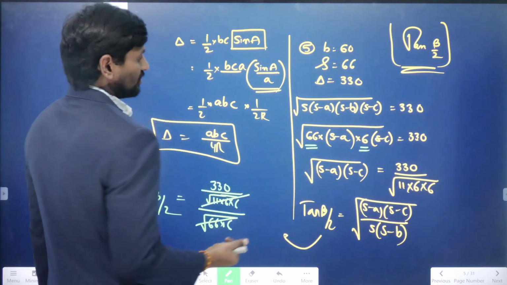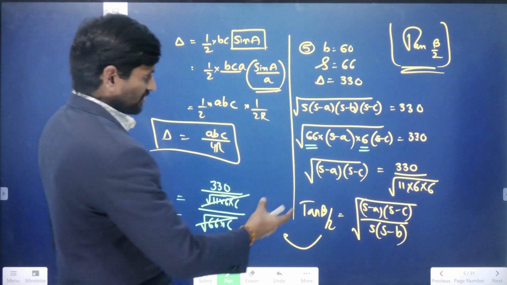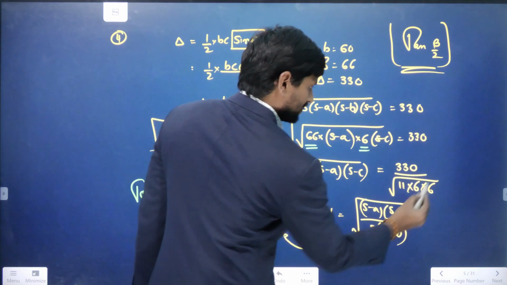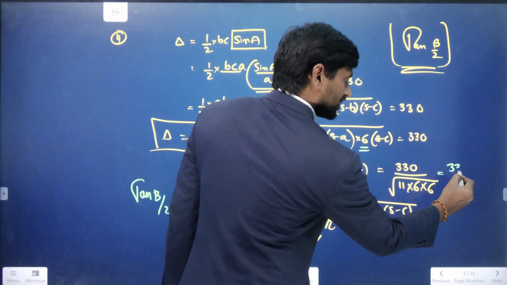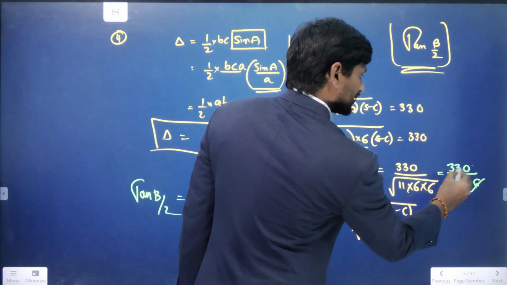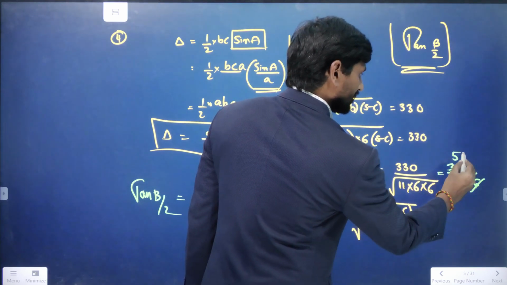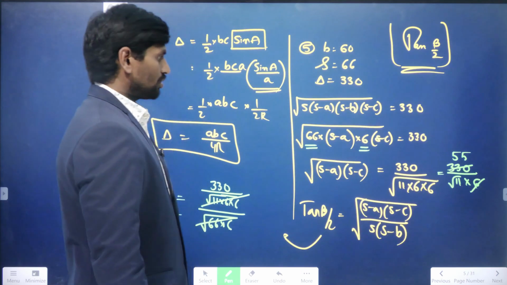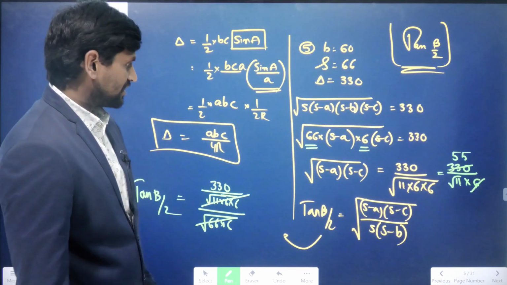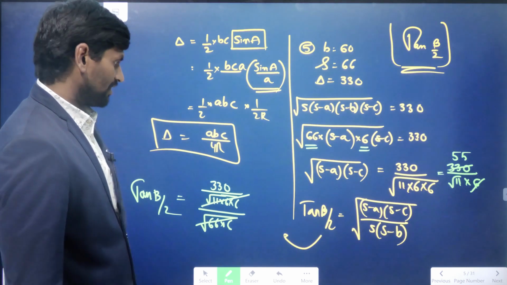Root over S minus A into S minus B value we got like this, right? So from these two sixes we'll get 1 6, that is equal to 330 by root 11 into 6, 6 fives are 55. So root over S minus A into S minus C value is 55 by root 11.